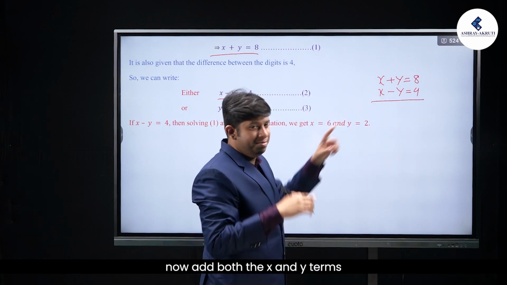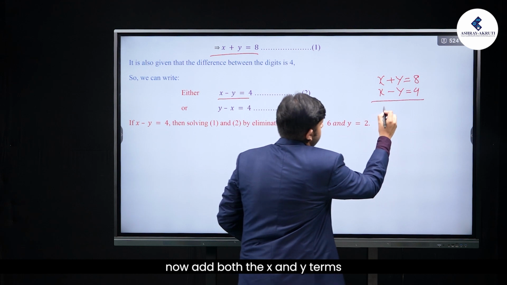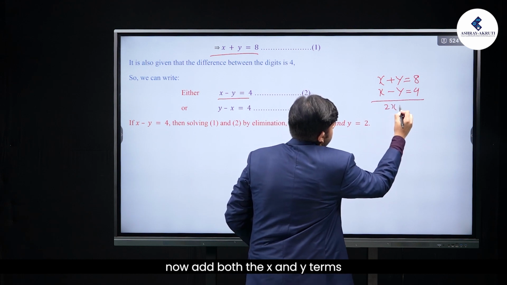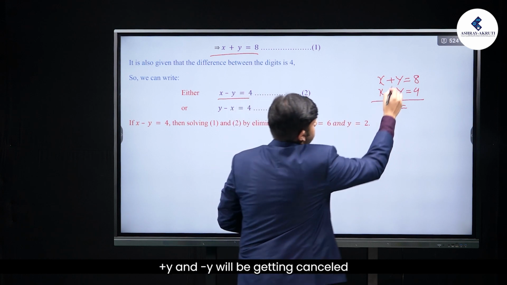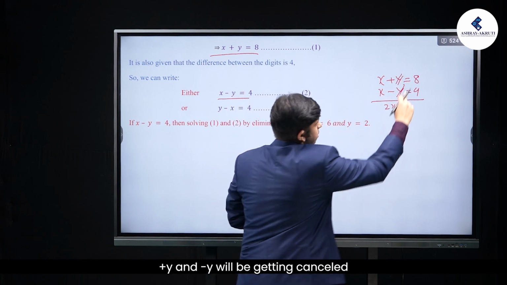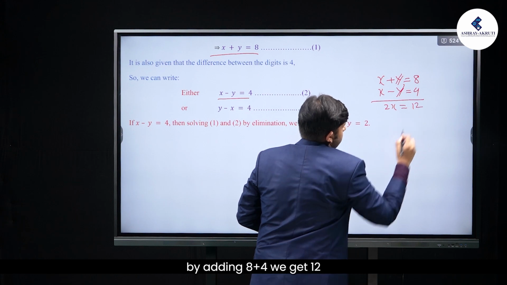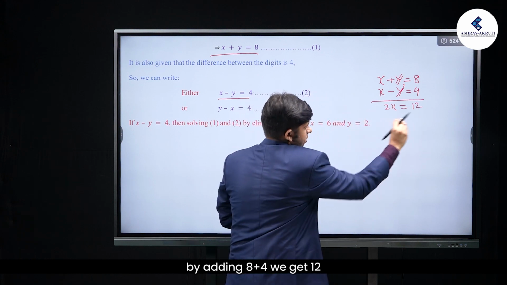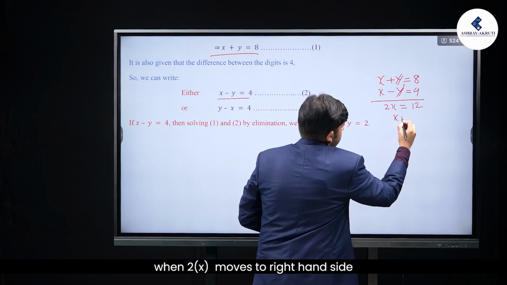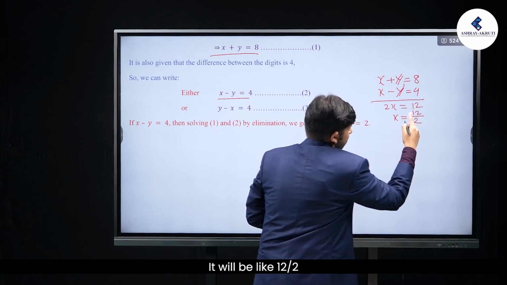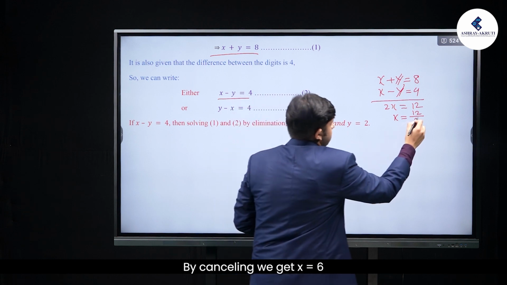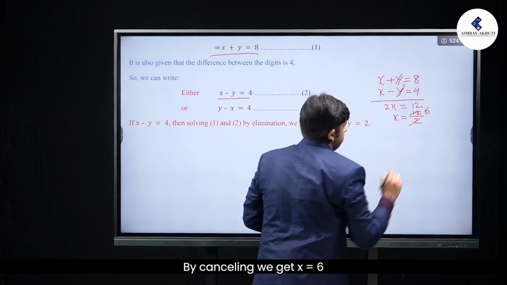Now add both the x and y terms. When we add both x terms, we get 2x, and plus y and minus y get cancelled. By adding 8 plus 4, we get 12. When 2 multiplied by x moves to the right hand side, it will be 12 by 2. By cancelling, we get x equal to 6.